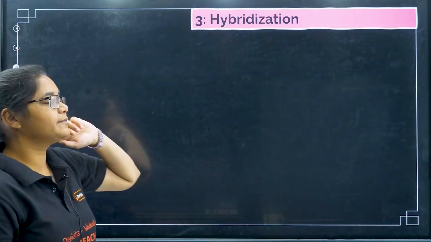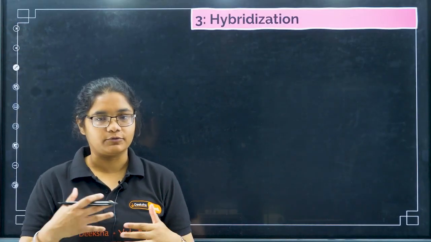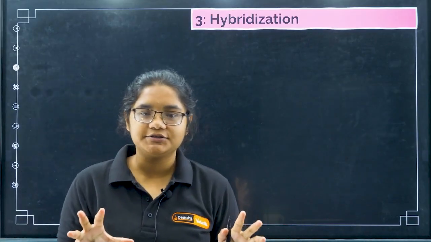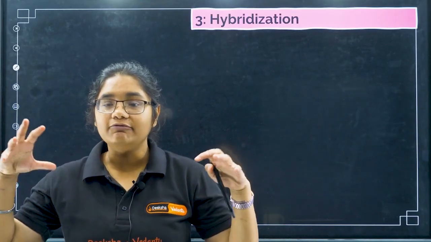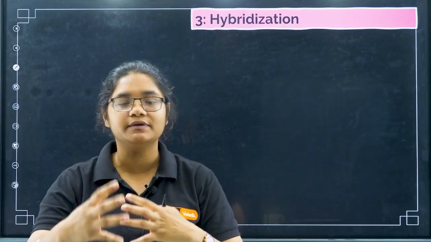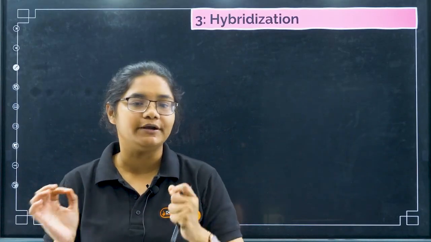Next, we have the concept of hybridization. This is from your chemical bonding chapter. What do you mean by hybridization? Hybridization is a very simple concept. Different atomic orbitals mix with each other to form hybrid orbitals.